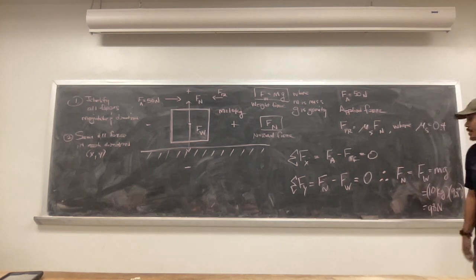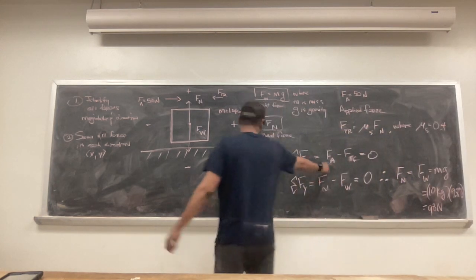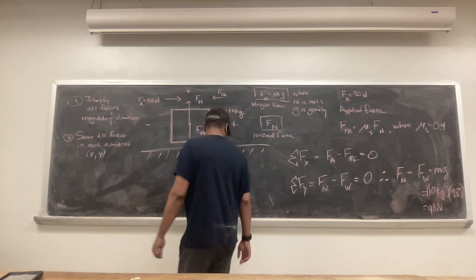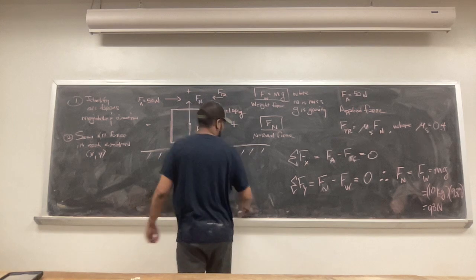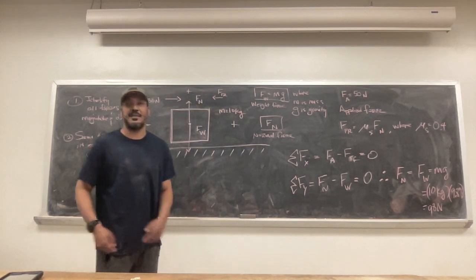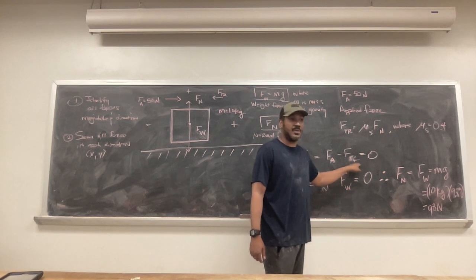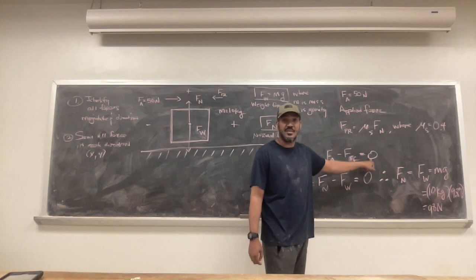Right? So how do I do that? Just put 0.4 times the 98. Right? So here's F of A. So F of A minus F of friction, right? For the box not to move, then what? This condition must be, well, no. If it doesn't move, then this is true.